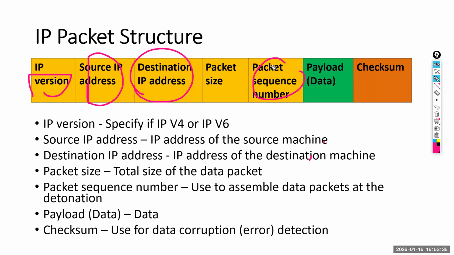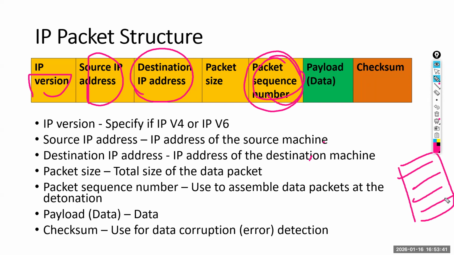So this packet sequence number is used to assemble them in the correct order, because maybe these data packets are related to a web page. Sometimes you may get the 10th data packet before the 6th or 9th data packet, but you need to assemble them in the correct order.